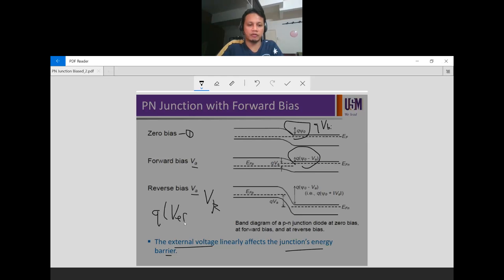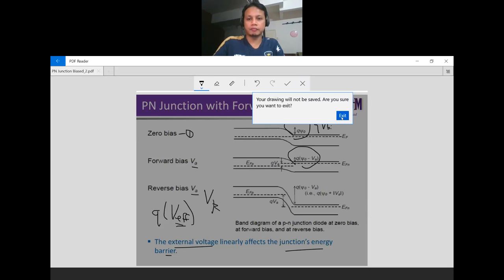If you like, you can say effective voltage. Either it's in forward bias where you have to reduce this, or in reverse bias where you have to increase this. So it will change the barrier height accordingly. Okay, right.